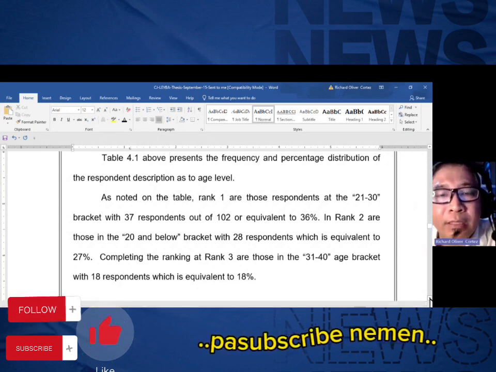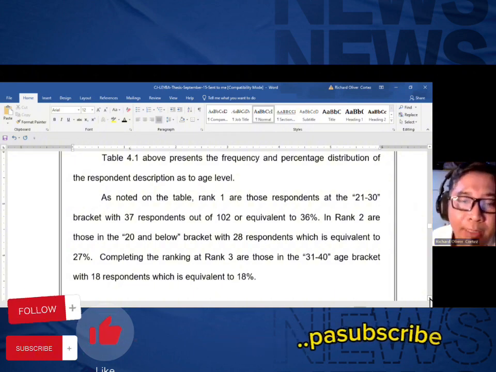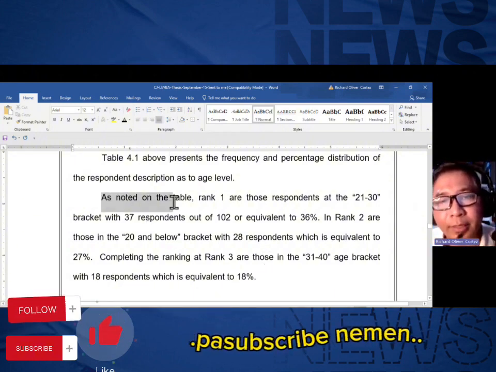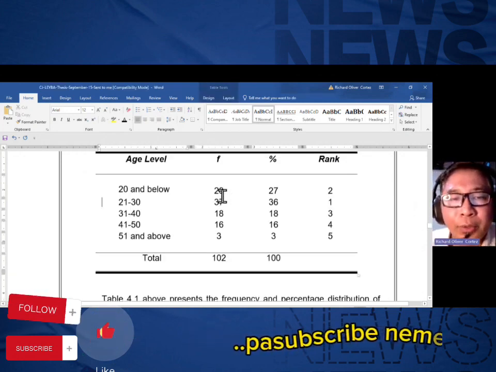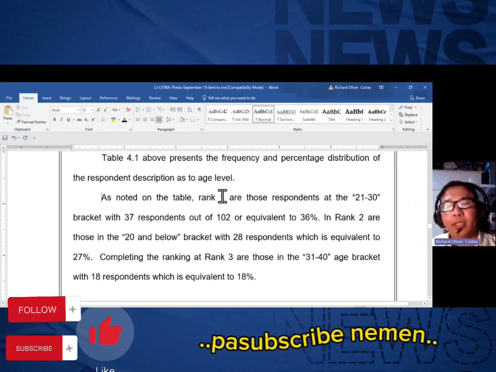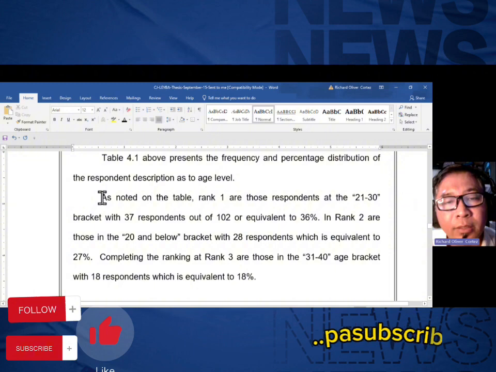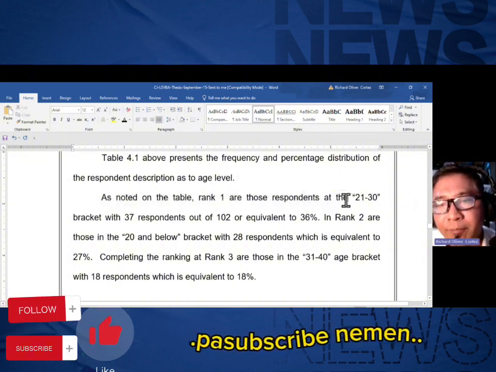You should just discuss the first 3 in the rankings. For example, in paragraph 1, we discuss your rank 1. Why is rank 1 the 21 to 30 age bracket? So introduce: as noted on the table above, rank 1 are those respondents in the 21 to 30 age bracket.